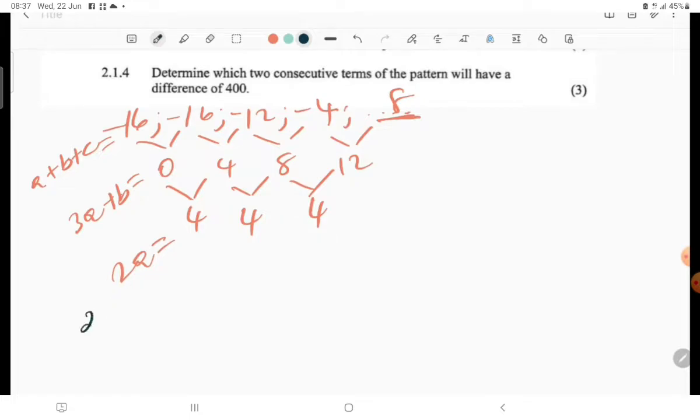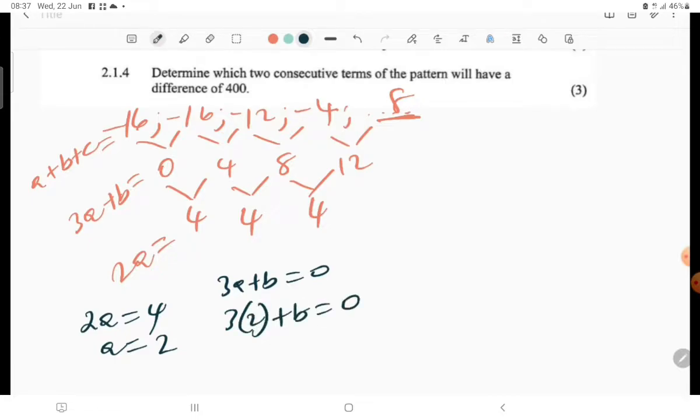So we have 2A is equal to 4, then A is equal to 2. Then coming to find the value of B, we have 3A plus B is equal to 0. In the place of A, we put 2, then plus B is equal to 0, then B is going to be equal to negative 6.